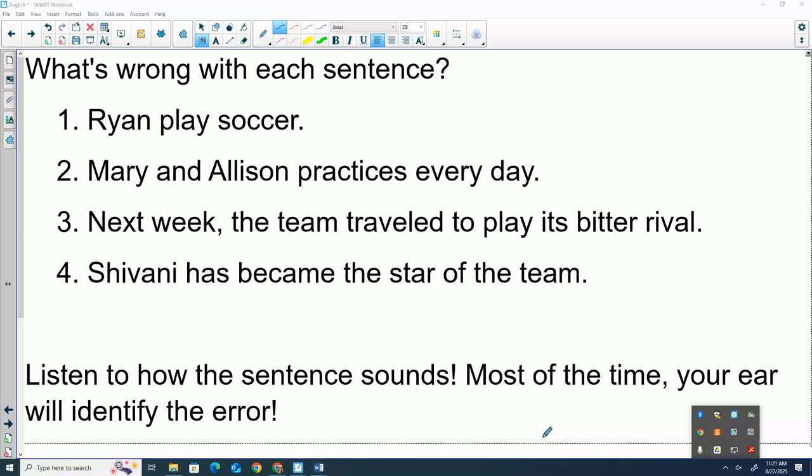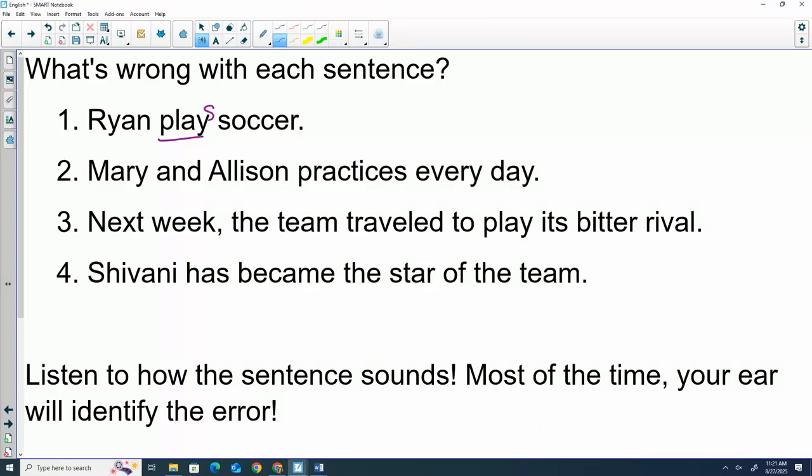What's wrong in the first sentence? Play should be plays. Okay. What about the second one? Mary and Allison practice every day.